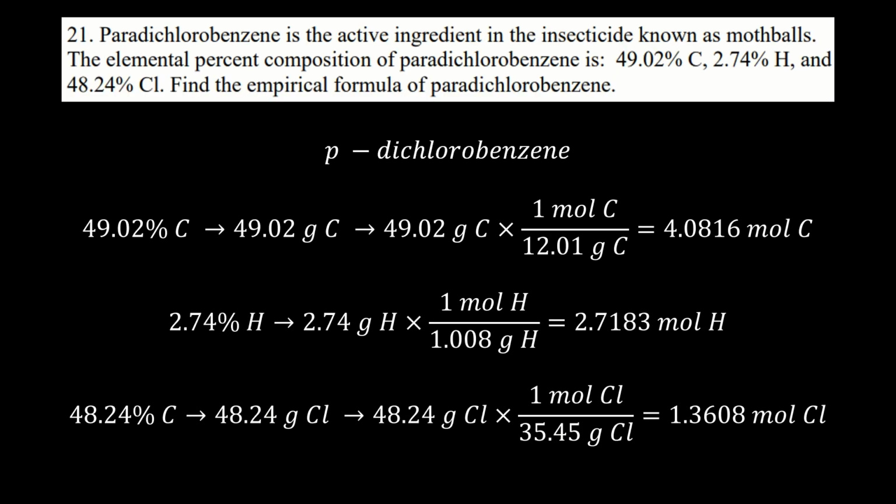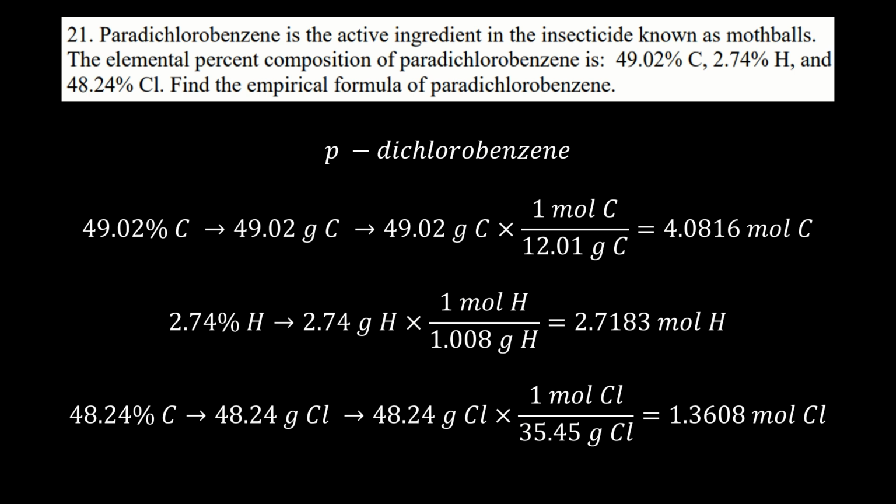For the last question on your data sheet, for para-dichlorobenzene, what we're going to do is figure out the empirical formula based off of elemental percent composition or mass percents.